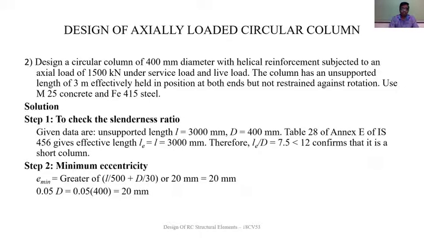As told in the previous session, step one of all the design of columns is to check whether the column is a short column or a long column. With the given unsupported length of 3 meters, the diameter of 400 mm and the support conditions, from Table 28 of Annexure E of IS 456, the effective length is equal to the unsupported length as the support condition is effectively held in position at both ends but not restrained against rotation.